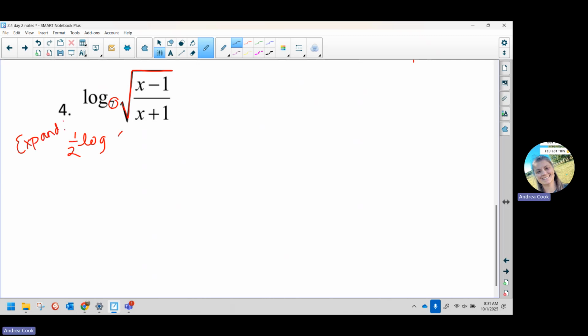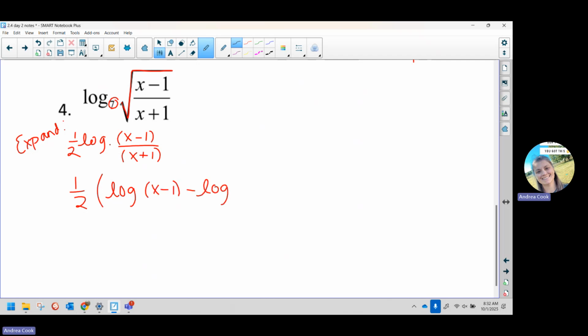The 1/2 log x minus 1 over x plus 1. I'm only putting parentheses there so that when I split this again, I can see my whole thing. What's my second expansion? Subtract. Very good. You guys say the same thing, Evan? Okay, so subtract. So this should be 1/2. Now, the 1/2 has to apply to all of it. So I can either put the 1/2 with both, or do big parentheses and split it like this.